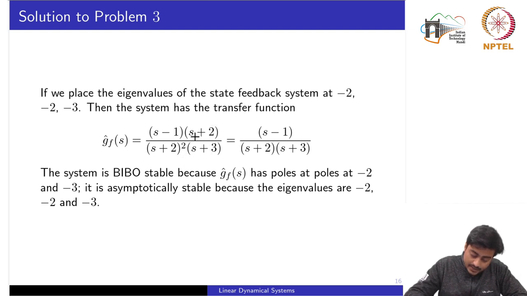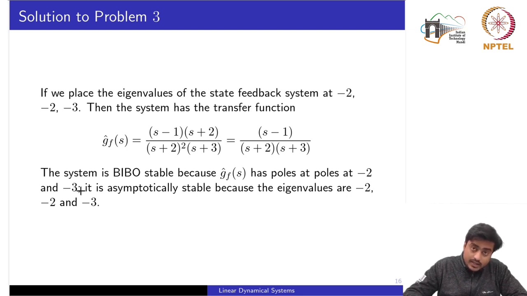Since the s plus 2 factor is common, this would cancel out and finally we would have this transfer function. Now you see that the system is BIBO stable, because all the poles of this transfer function are on the left hand side, located at -2 and -3.